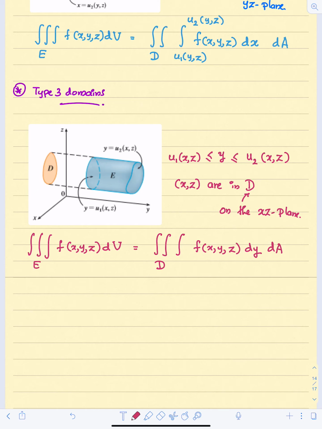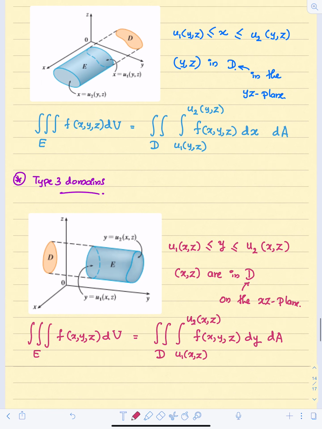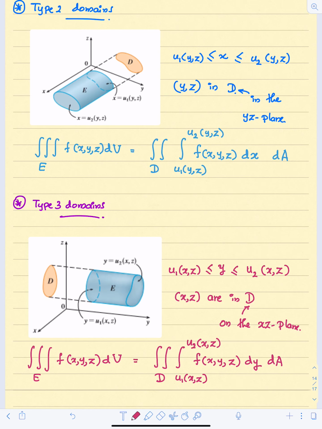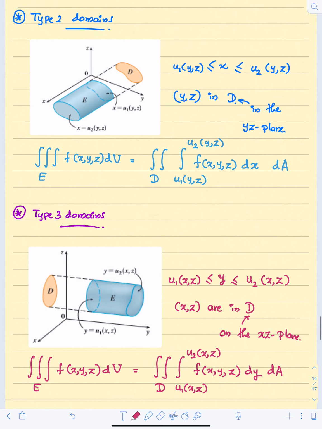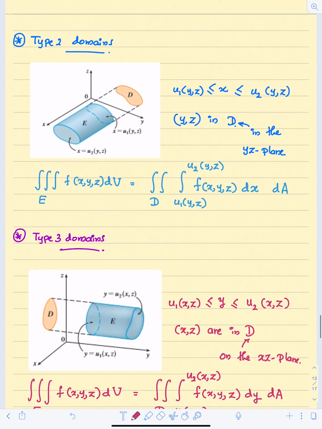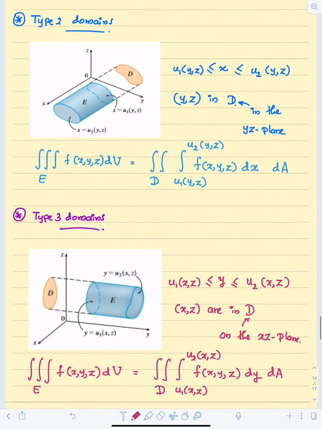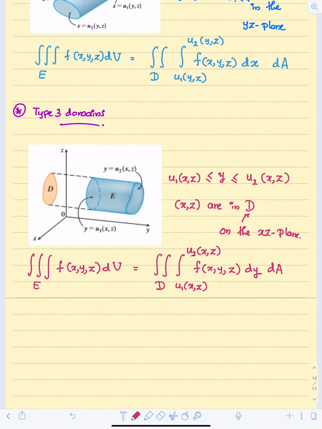Y goes from u1 of x comma z to u2 of x comma z. Again, these two types are very similar to the previous one. In type 1, we project the solid region E onto the xy plane. In type 2, we project the solid E onto the yz plane. And finally, in type 3, we project the solid E onto the xz plane.